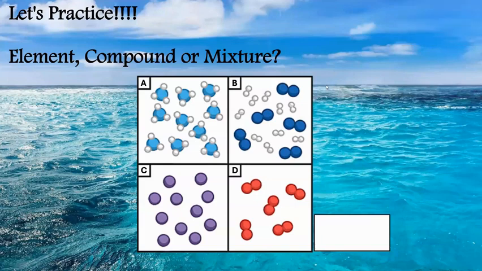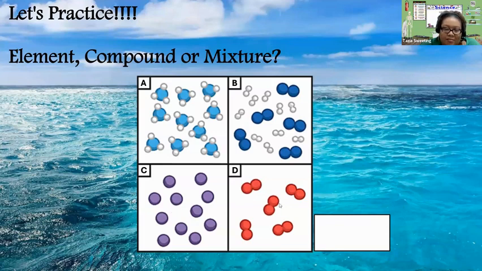So you need to look at each illustration. You have 4 of them on the screen: A, B, C, and D. Look at A, tell me if A is an element, compound, or a mixture. Look at B, tell me if B is an element, compound, or a mixture. Look at C, tell me if C is an element, compound, or a mixture.